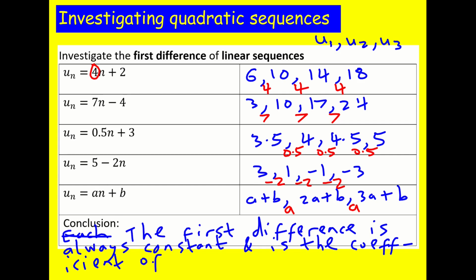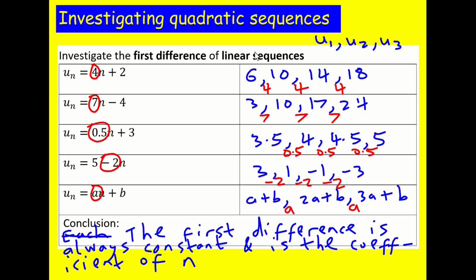So coefficient of n, essentially. Okay, you don't need to write it quite so technically. The thing is just to recognize that it is constant and it's always the number in front. This one being minus 2. Good start.